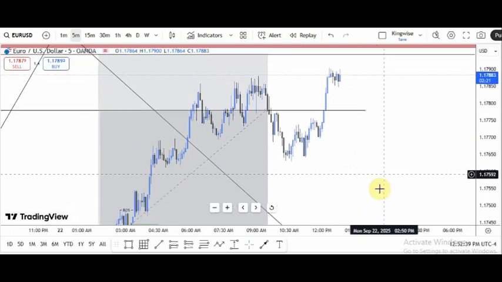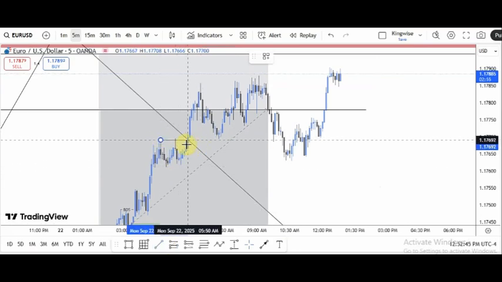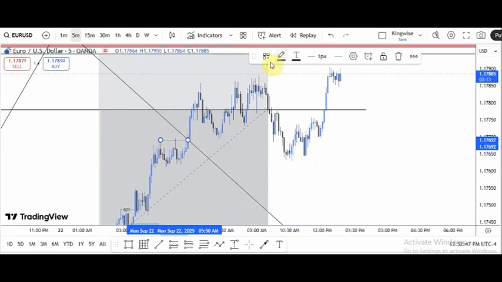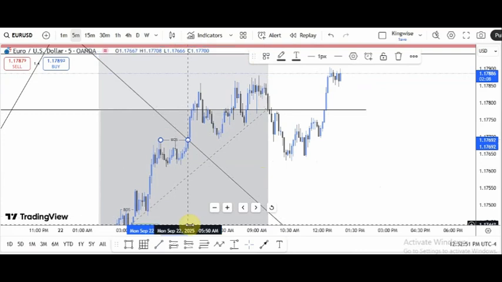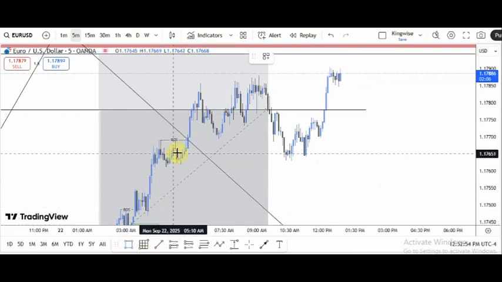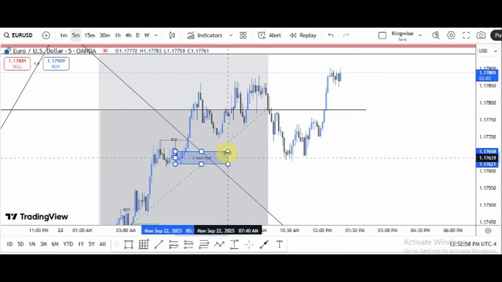Now let's see. We had this break of structure, and where will you be looking at as your demand? This doji candlestick is your demand, and price did not come into it.